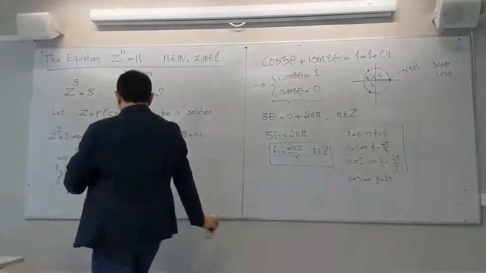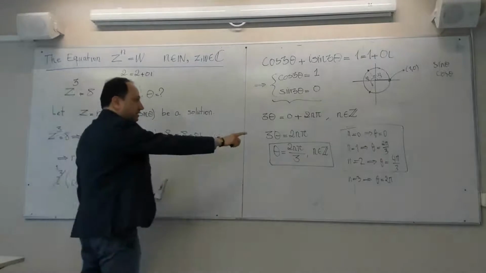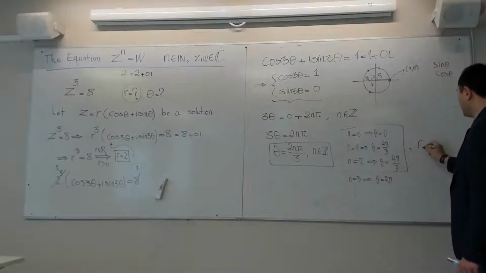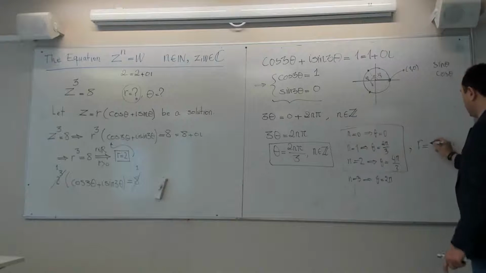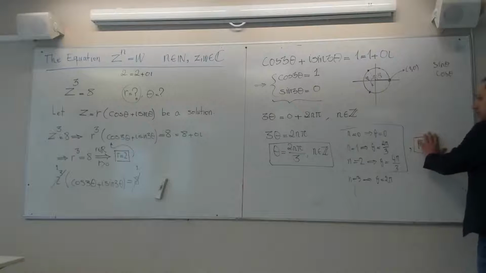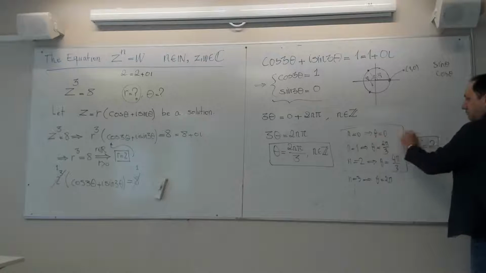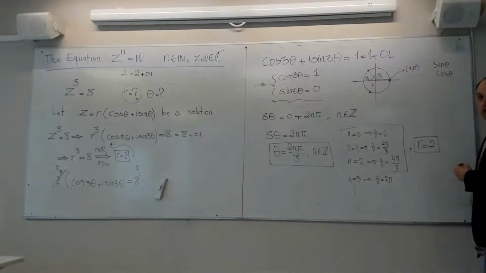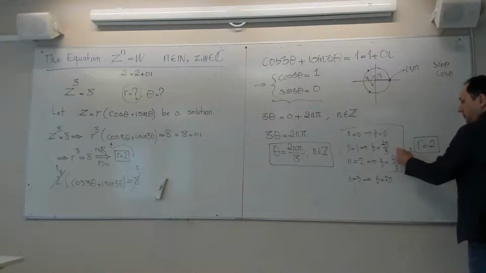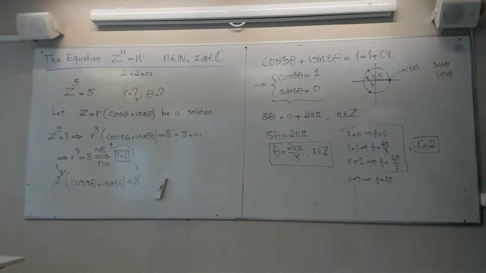I go back here. So remember, these are my values for theta, and I just got one value for r, and that is 2. So I choose r equal to 2, and then theta equals 0. This gives me one root. I choose r equal to 2, and theta, this number, gives me another value for z, another complex number.